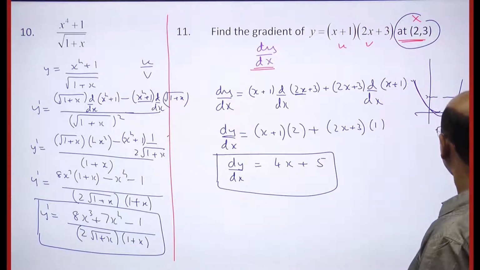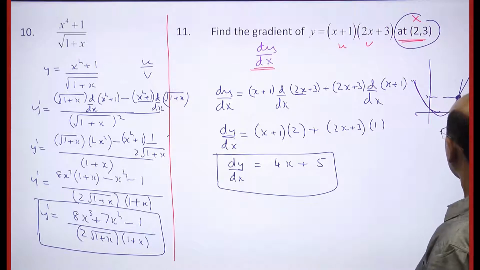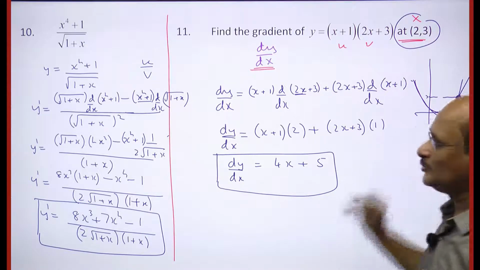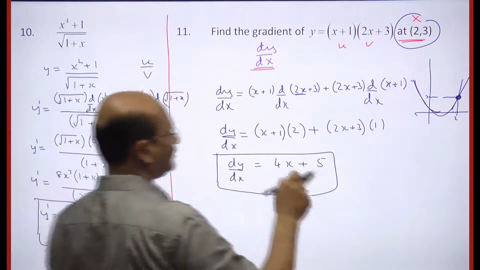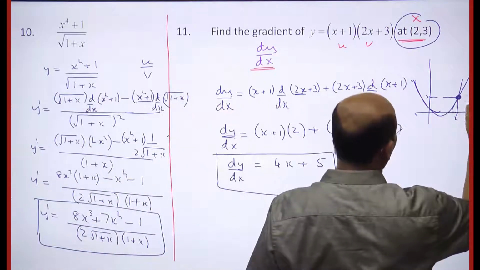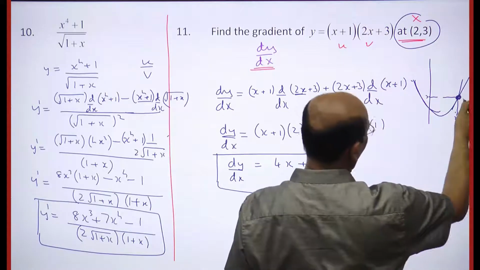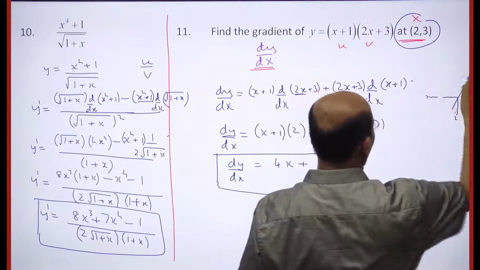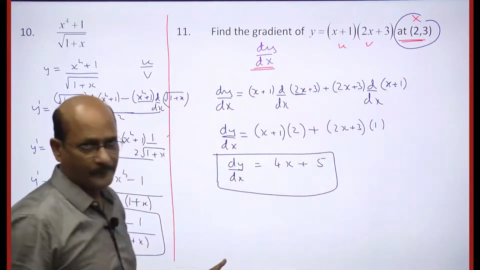At this particular point they are asking you the slope. Whatever diagram comes up, the meaning is that at the coordinate (2, 3), what is the slope? Keep that in mind. This is just for your understanding, but this is the general slope.